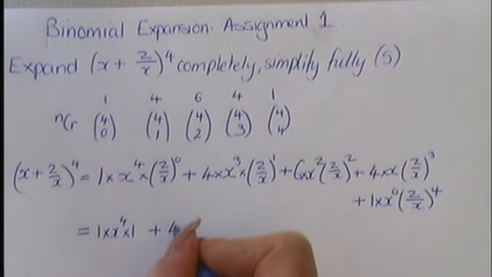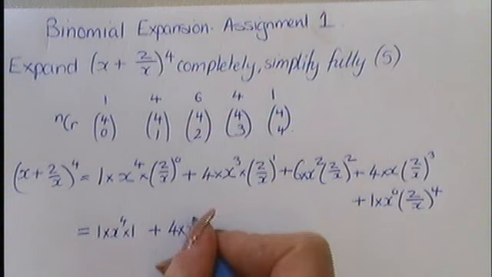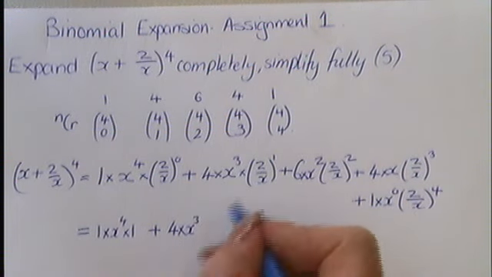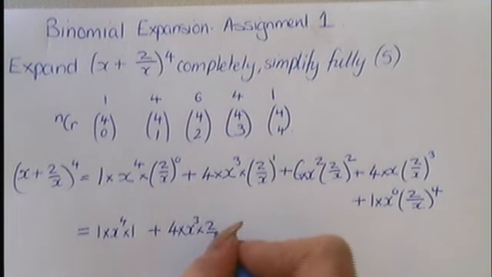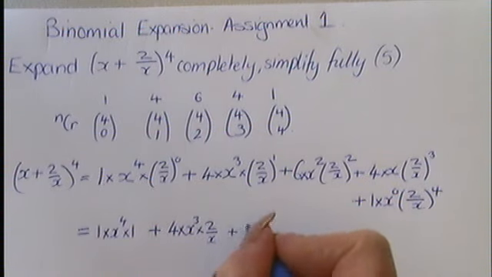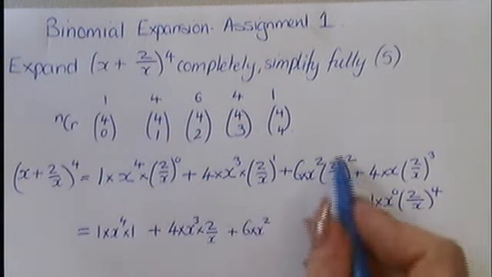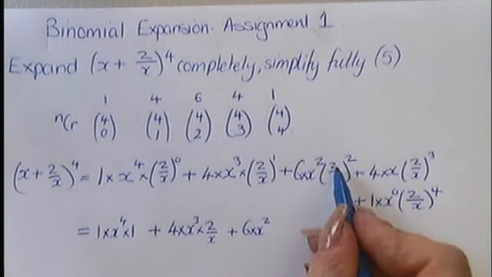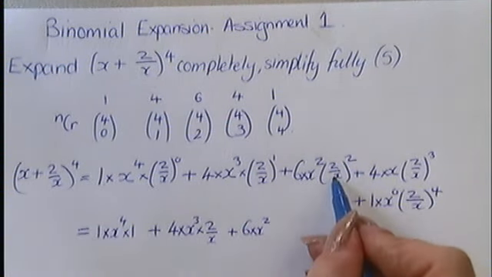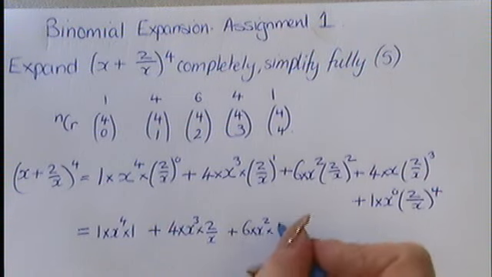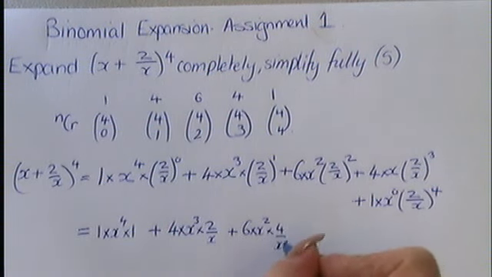Add 4 times x cubed, and in the bracket raised to the power of 1, that's times 2 over x. Add 6 times x squared, and the whole part of the bracket needs to be raised to the power of 2, so we need to do 2 squared and x squared, so that's times 4 over x squared.